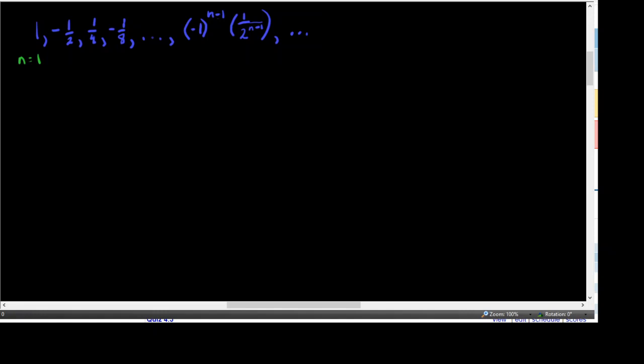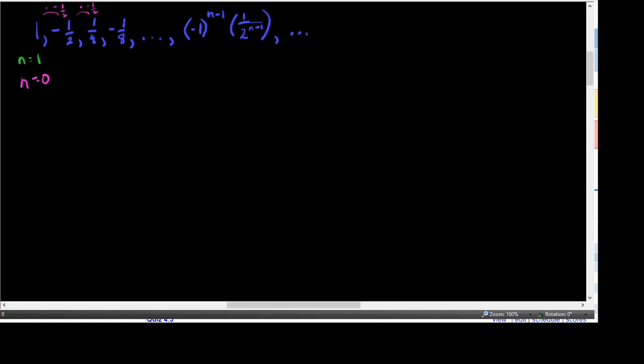Now, another thought would be, okay, since we are starting with a number and multiplying by -1/2 each time to go from term to term, we can think of that as a geometric series, multiplication by -1/2.